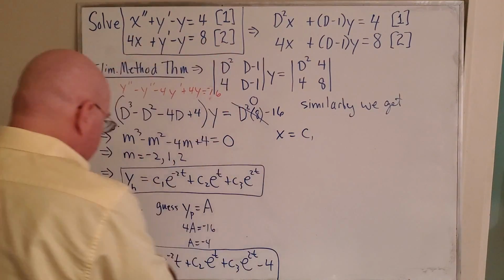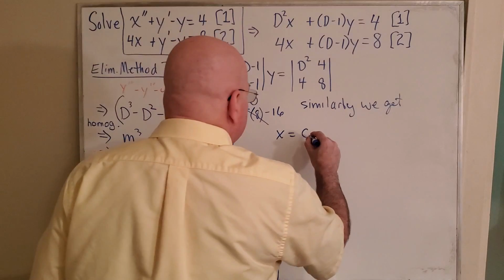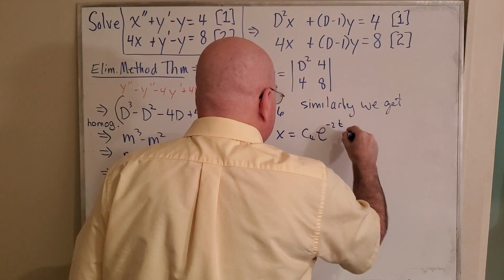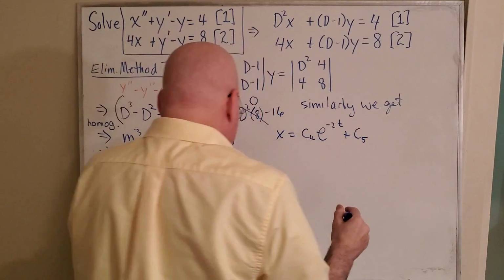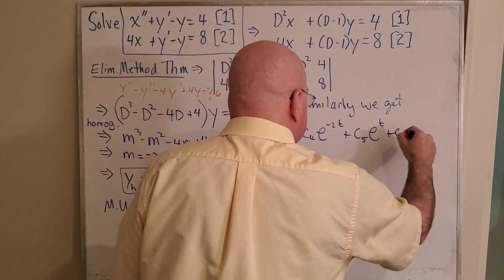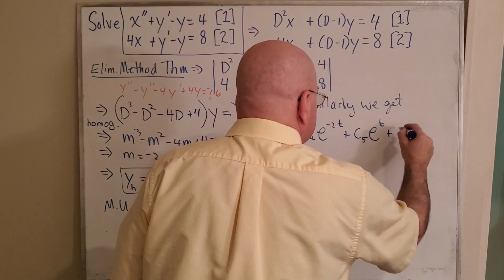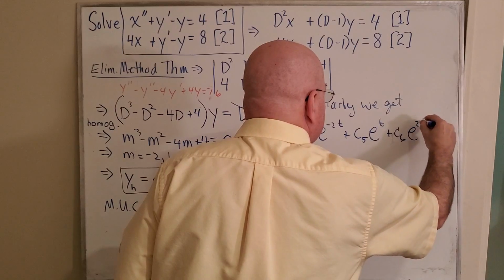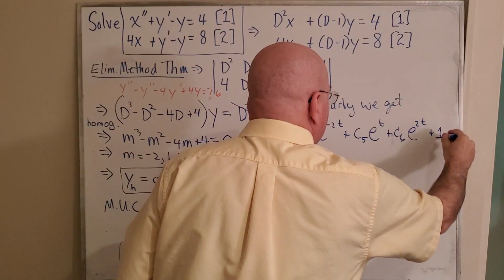Oh, I can't reuse C1, C2, or C3. C4 e to the negative 2t plus C5 e to the t plus C6 e to the 2t plus 1.